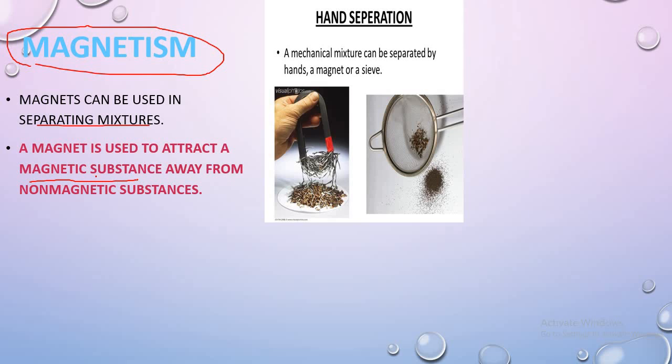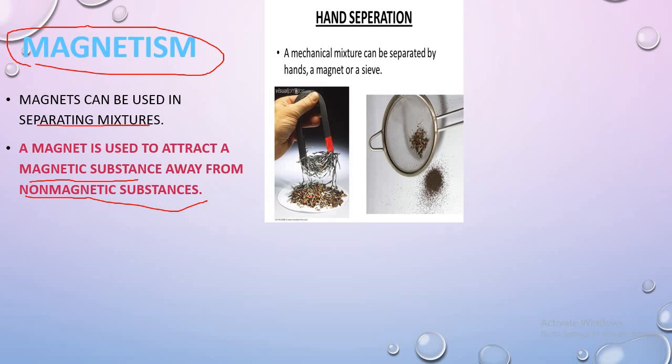These are called magnetic substances, attracted by a magnet. Non-magnetic substances, like stone, sand, or wood, cannot be attracted by a magnet.